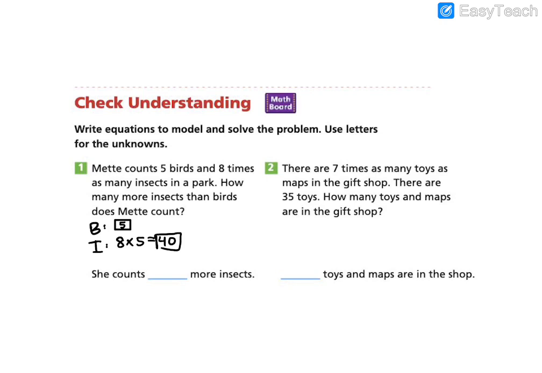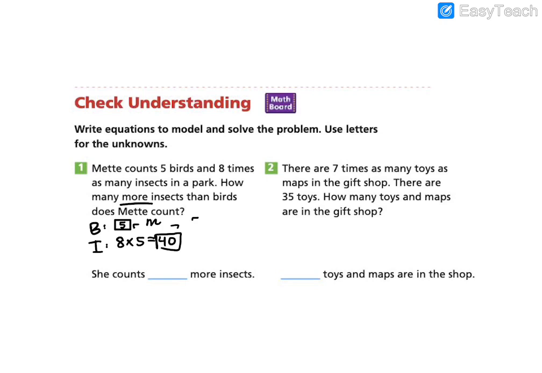Are we done solving? We need to find how many more insects there are than birds, right? So what would this more be between our 40 insects and our 5 birds? It asks us to write an equation.